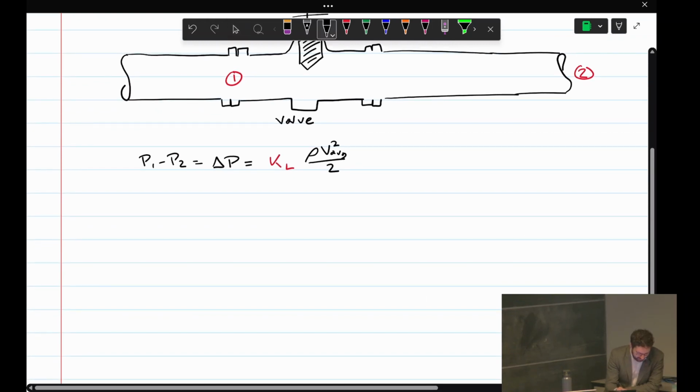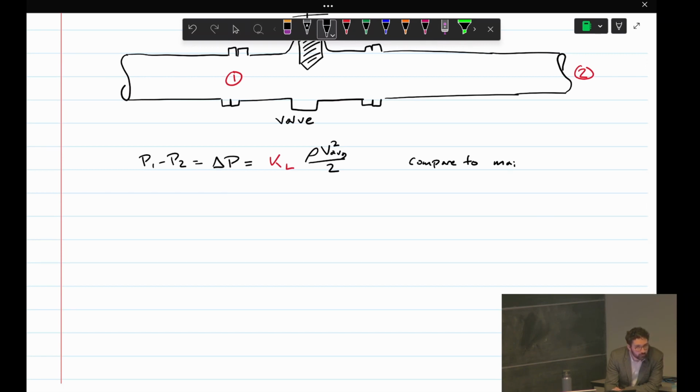So let's just compare this equation here with the major loss equation. That was delta P equals, I'll do it in red, f L over D rho V average squared over 2.